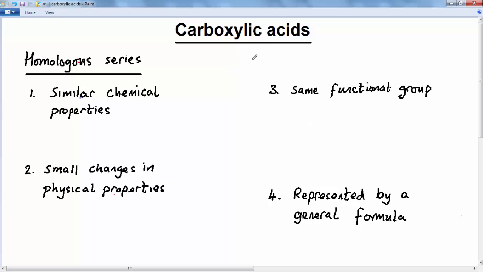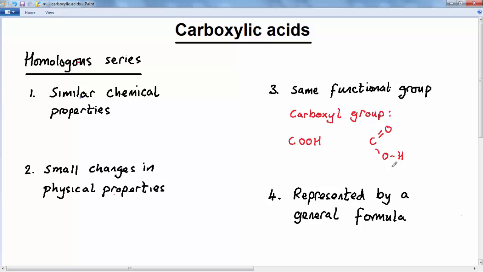In the case of the carboxylic acids, this is called the carboxyl group, which looks like this, either COOH, that's the chemical formula for it, and its structural formula is C double bond with oxygen and then OH, with single covalent bonds between the carbon and the oxygen and the hydrogen.